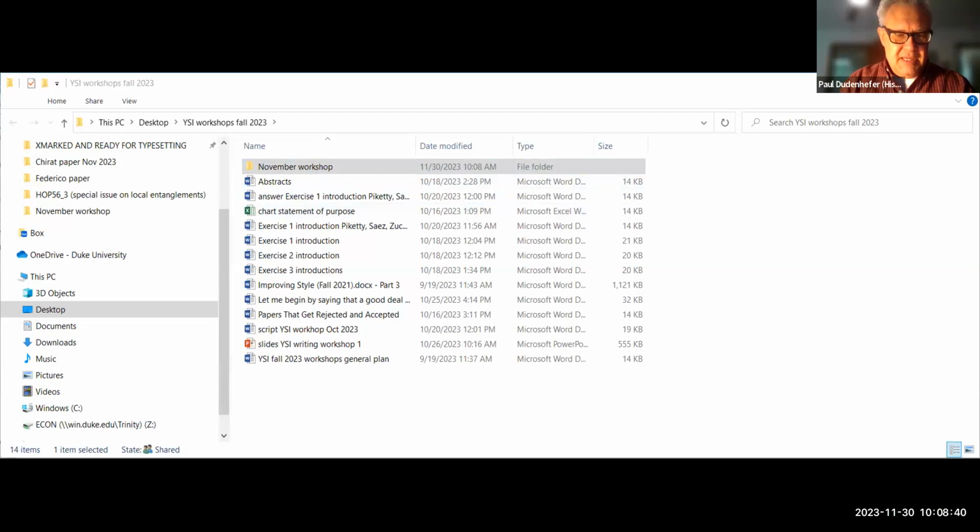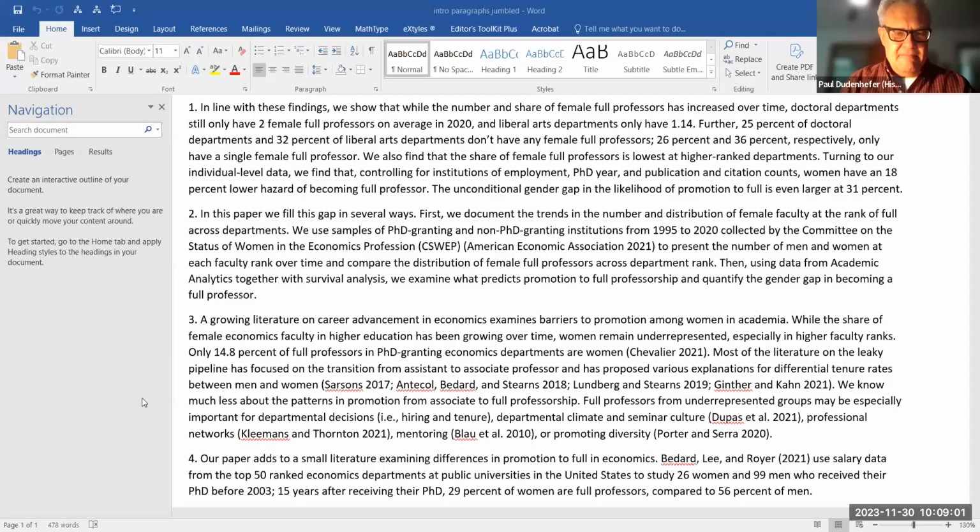Do you all see that? Not for me. I think it's still showing your folder. Okay. Let me figure out what I need to do here. Let me stop the share. Let me go back to the share. Now do you see it? See the 4 paragraphs? Yes. Okay.